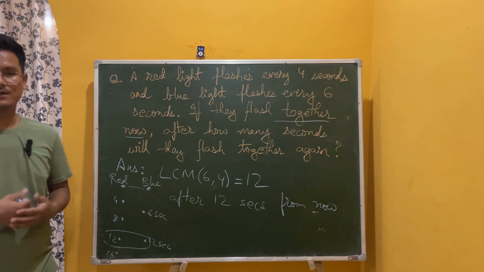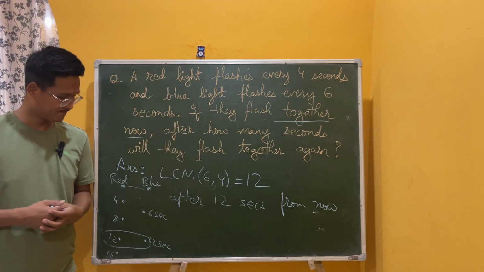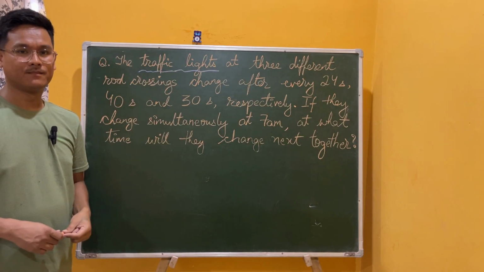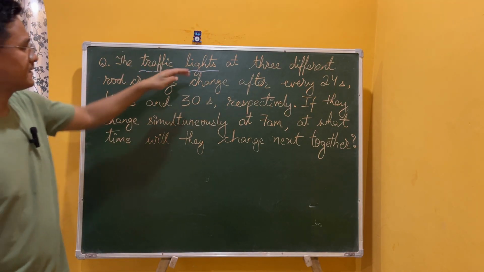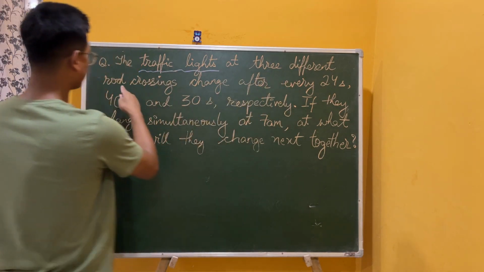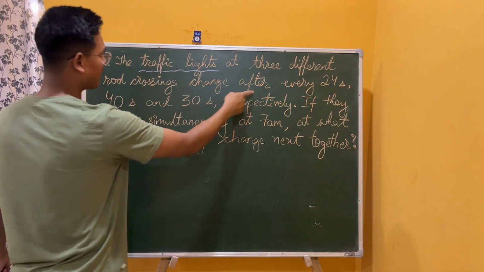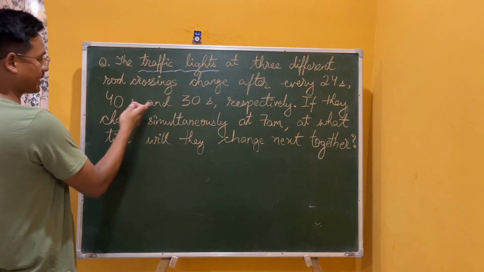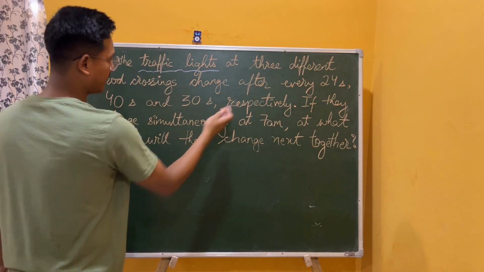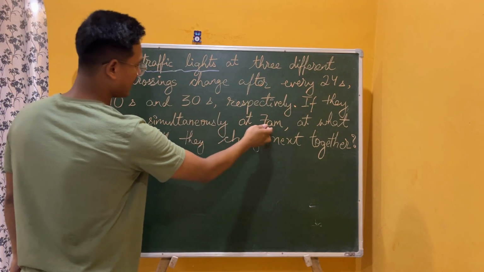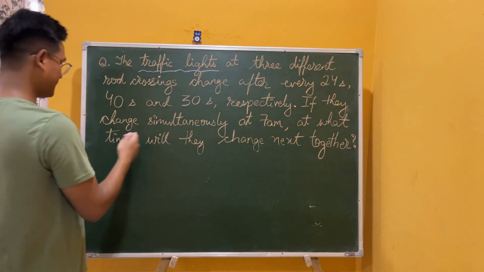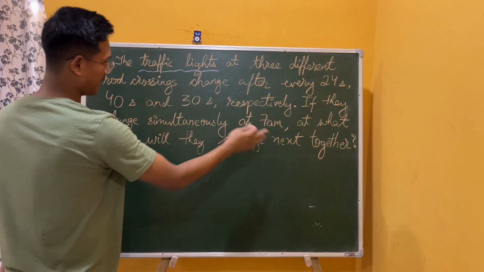So let's move on to another question. We have a question here. The traffic lights at three different road crossings change after every 24 seconds, 40 seconds and 30 seconds respectively. If they change simultaneously at 7 a.m., at what time will they change next together?